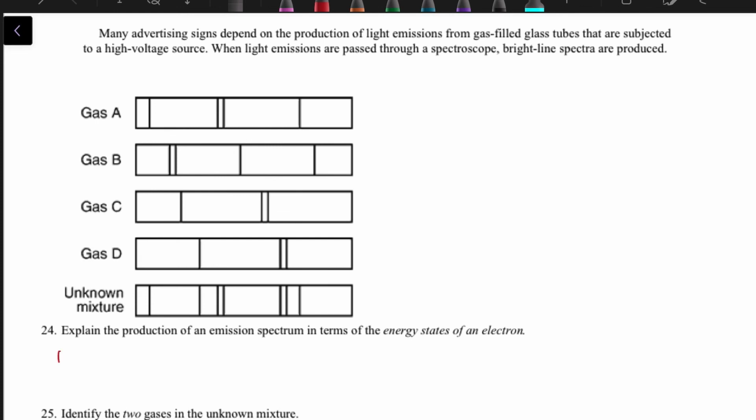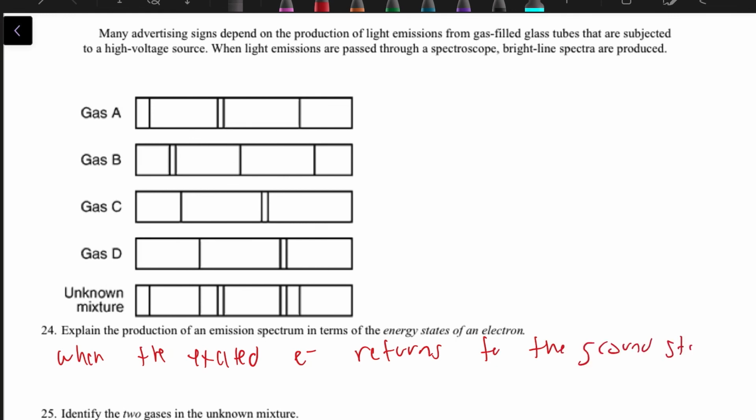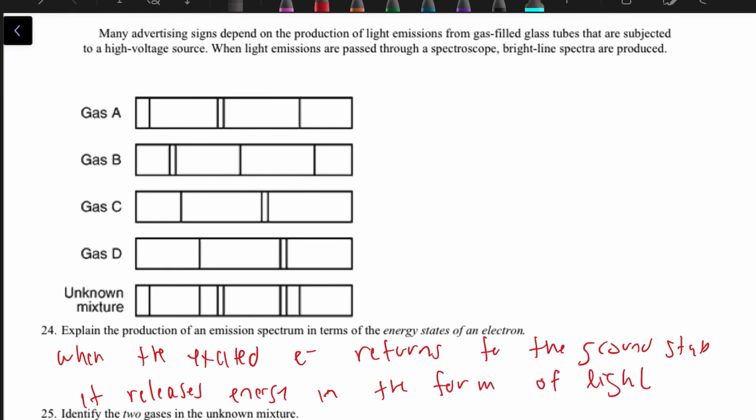I just need to know that when the excited electron returns to the ground state, it releases energy in the form of light. So it doesn't matter how the electron gets excited, we just care that once it is excited, when it falls back down, that's when it releases energy in the form of light.